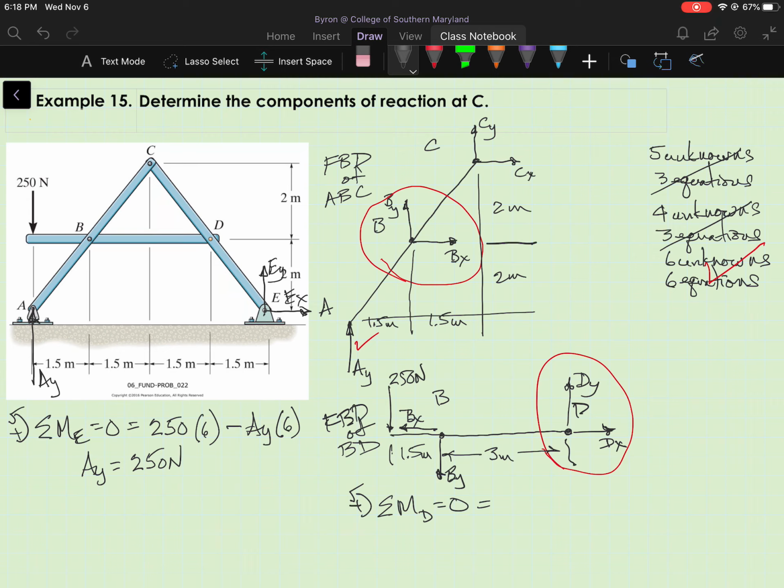and I have the moment of the 250 Newton force about D, which is going to be 250 times 4.5.